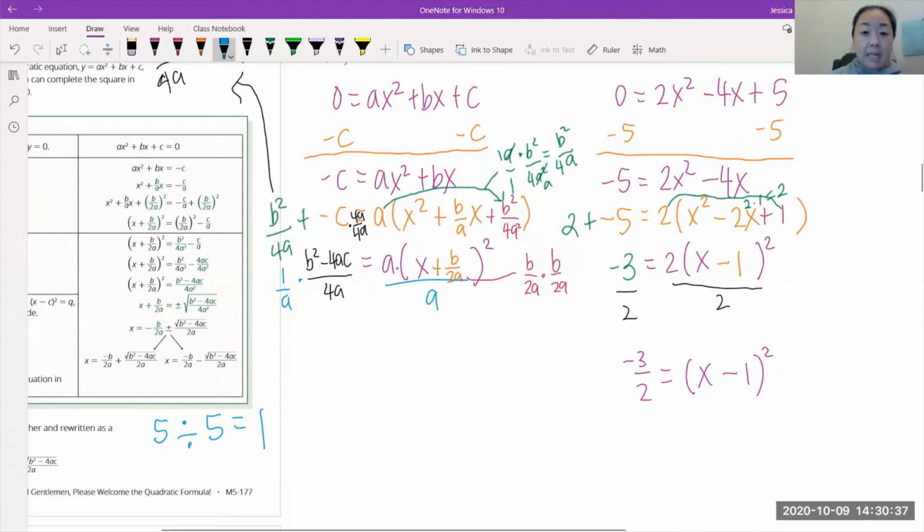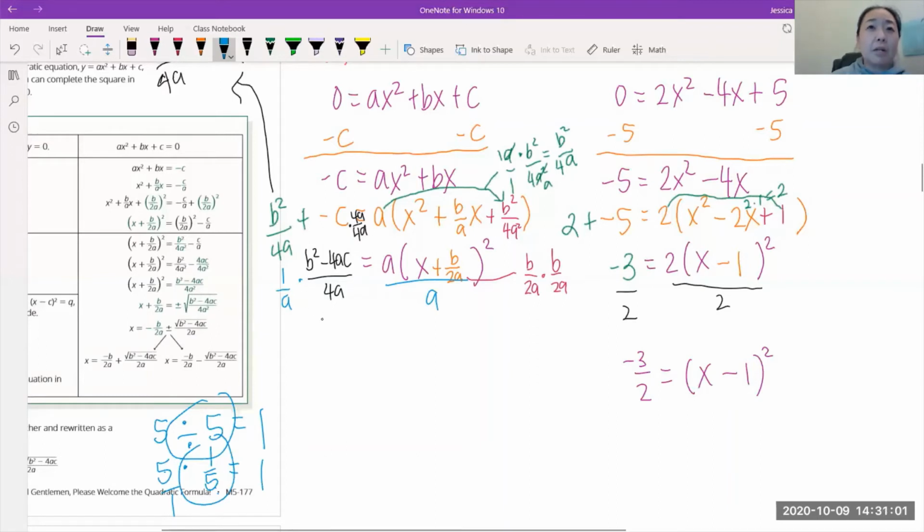Because 1 times anything is whatever that anything is. And what if I did 5 times 1/5? This is like over 1, the 5s are going to cancel out and we still get 1. That's how we know that dividing by 5 is the same thing as multiplying by the reciprocal, which would be 1 over 5. So that's what we're doing here, multiplying by the reciprocal, 1 over a.